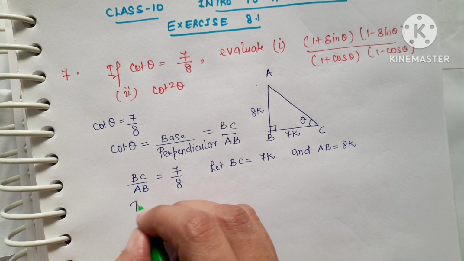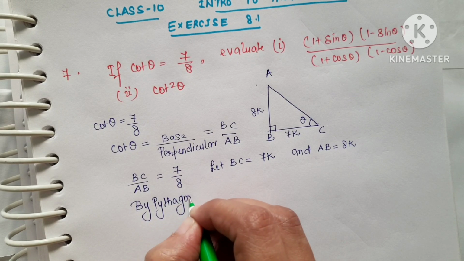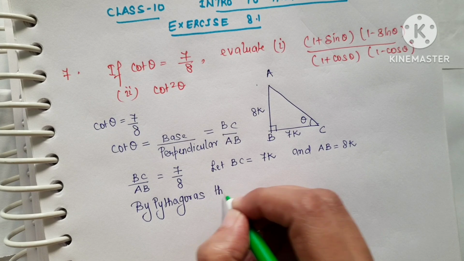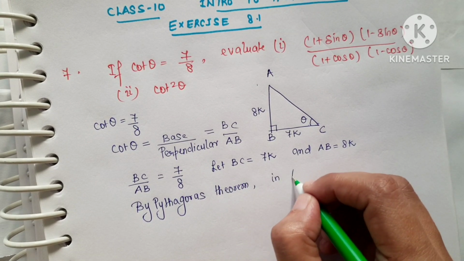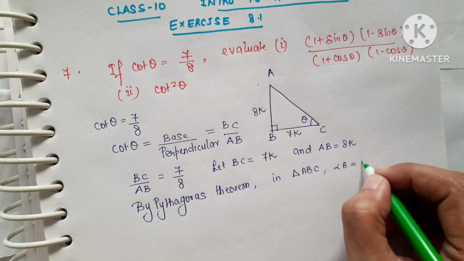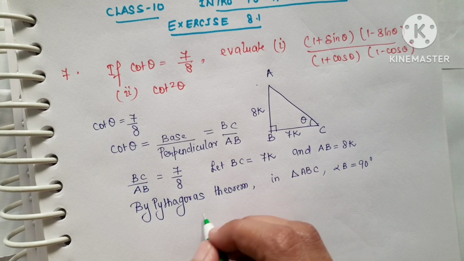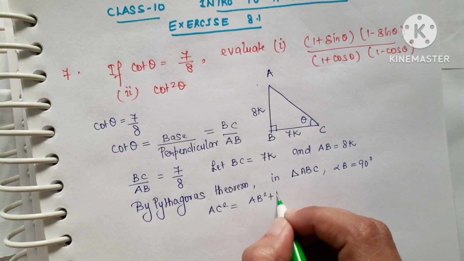Yes, we can find it with the help of the Pythagoras theorem, which we can apply in any right angle triangle. So in triangle ABC, where angle B is equal to 90 degrees, AC square is equal to AB square plus BC square.